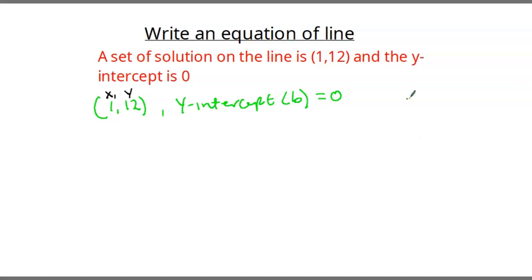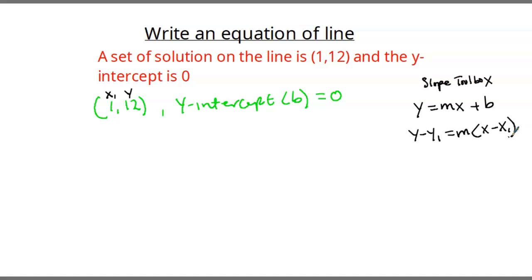So we can label these components as x and y. Anytime you're talking about the equation of a line, slope has to come to your mind, so look at your slope toolbox to see what will fit. Though we have the point, we don't know the slope, so we cannot use the point-slope form.